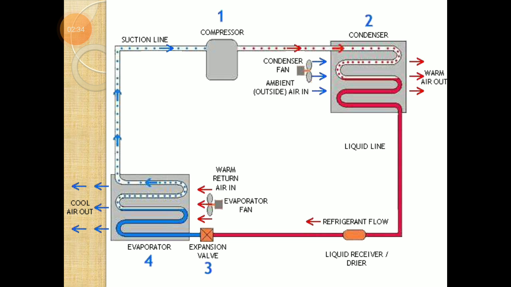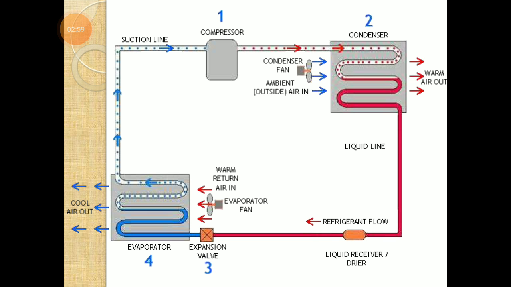If any water vapor is present, it is dried, and only high pressure, low temperature liquid refrigerant is allowed to pass. When it flows through the expansion valve, its pressure drops down suddenly, so that it is converted into low pressure, low temperature liquid refrigerant in the evaporator.